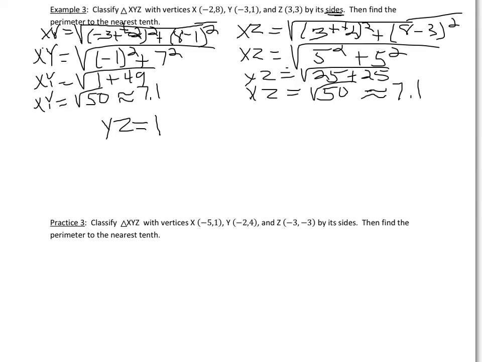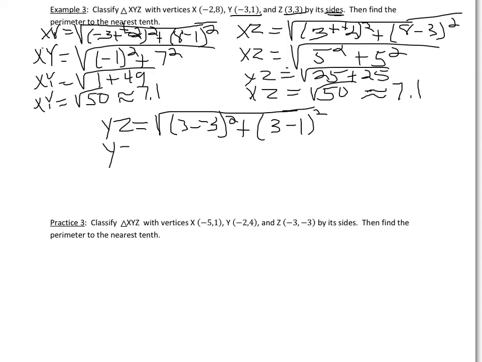So let's do the distance between Y and Z. I'm looking at negative 3, 1 and 3, 3. When I subtract the x's, I do 3 minus a negative 3 and square that, plus 3 minus 1 and square that.